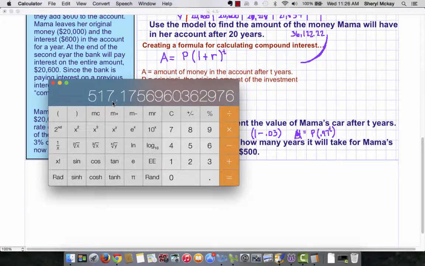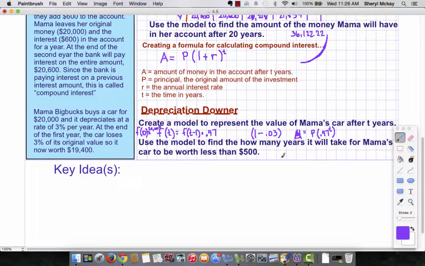So then I tried 121, 0.97 to the 121st power, and I multiplied that by 20,000, and I got 501. So that meant that after 122 years, this car would be worth less than $500, which is a pretty good depreciation value.